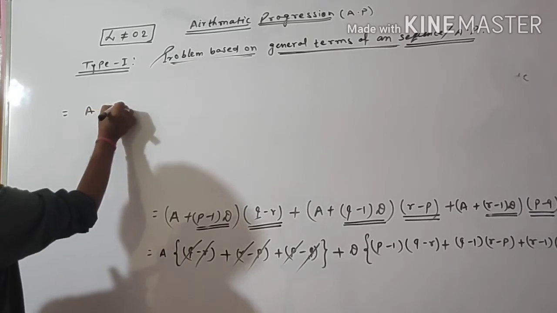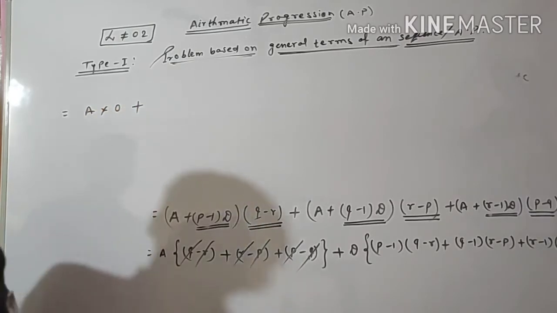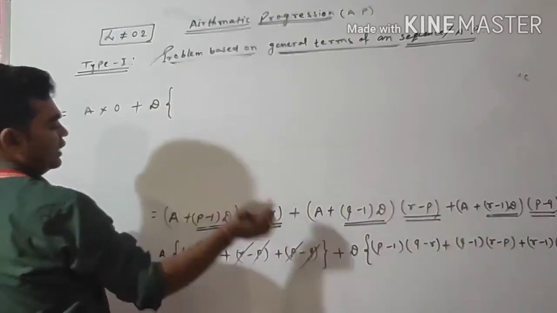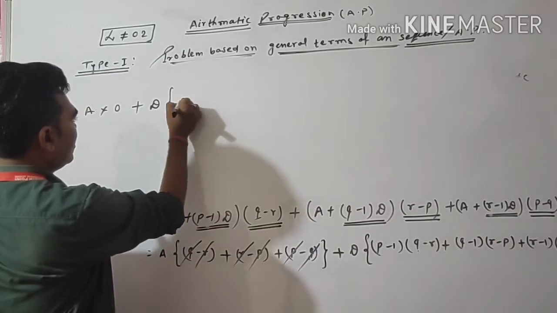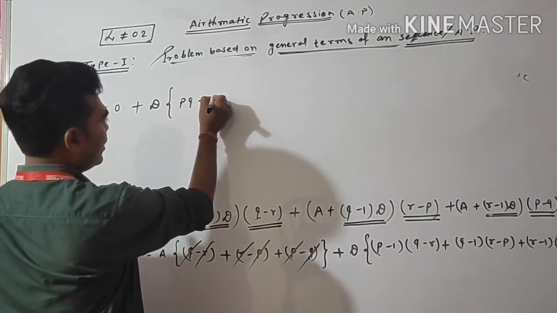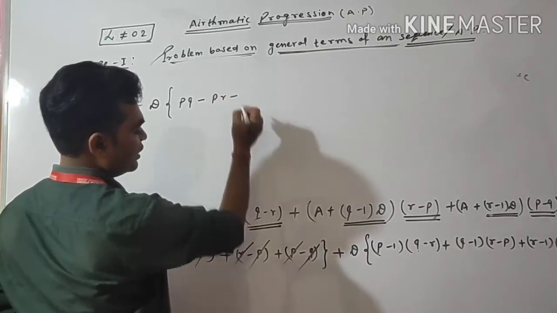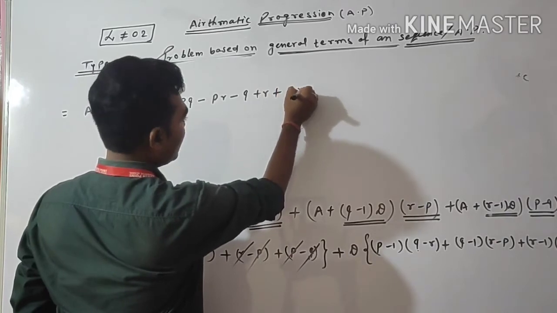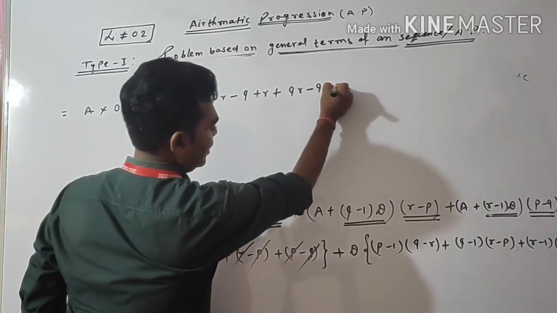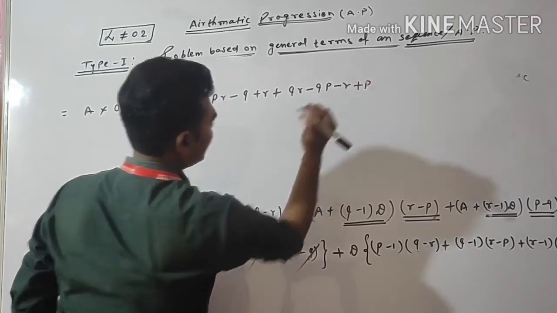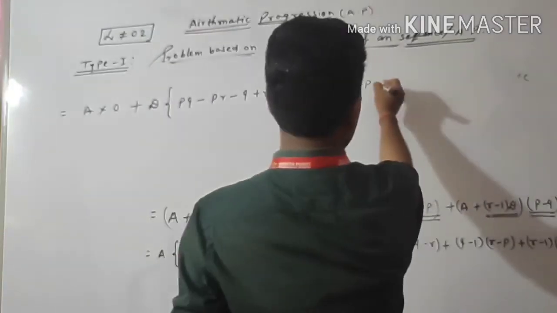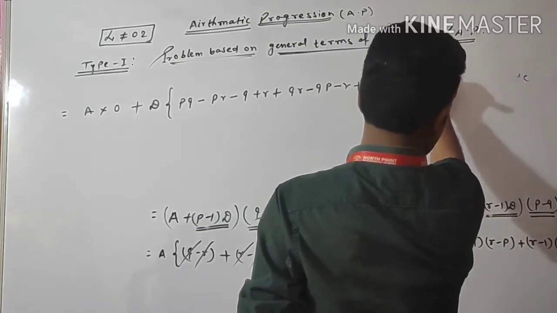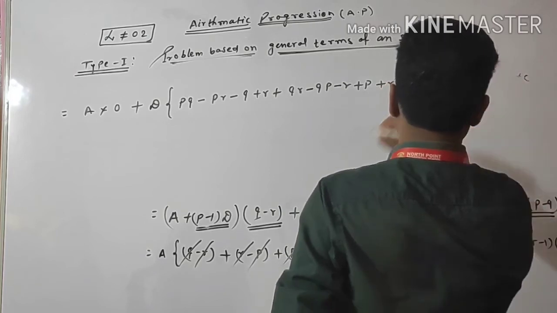A into 0 plus D multiplied by pq minus pr minus q plus r plus qr minus qp minus r plus p plus rp minus rq minus p plus q.